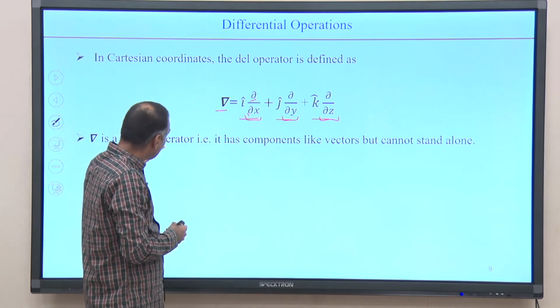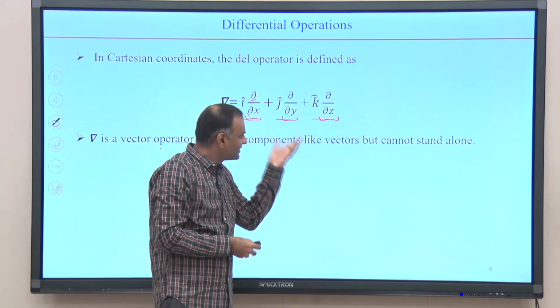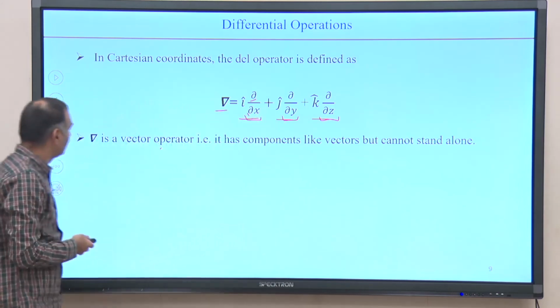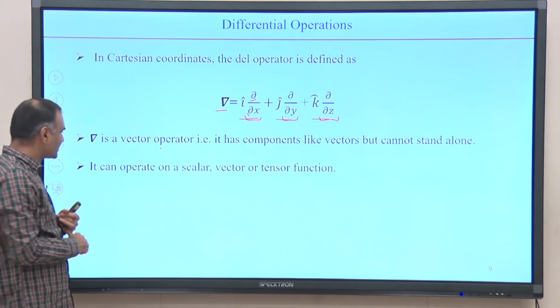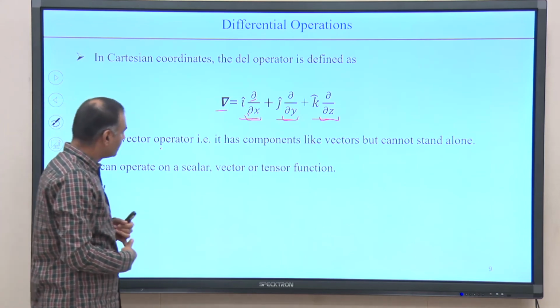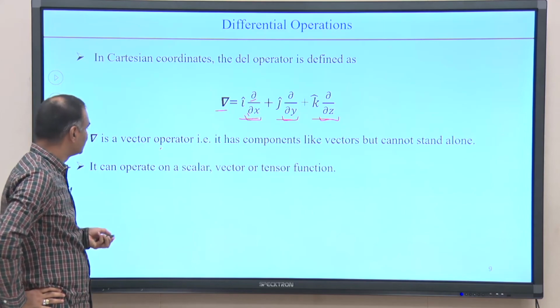So, this is a vector operator, it has components along the three directions, but it cannot stand alone. We can operate it on a scalar, on a vector, or on a tensor, and that is what we will see.